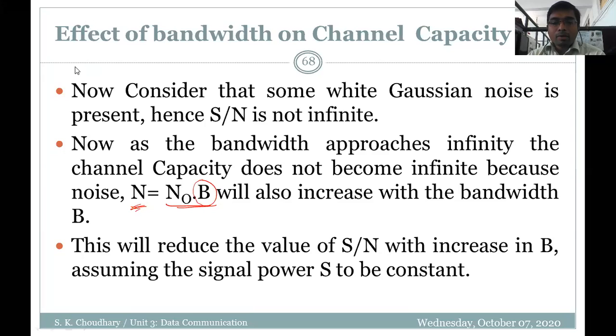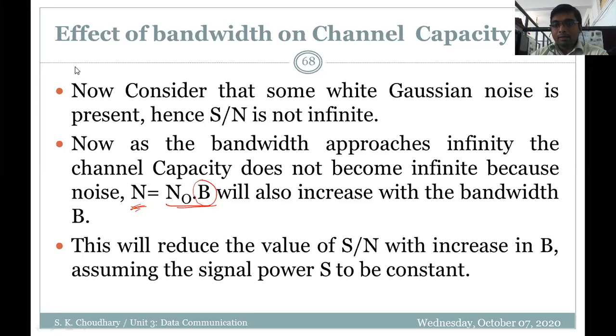So here we have seen that when we increase the signal to noise ratio, or consider the noiseless channel, SNR is infinity and channel capacity becomes infinite. But this does not happen with the other parameter, bandwidth.